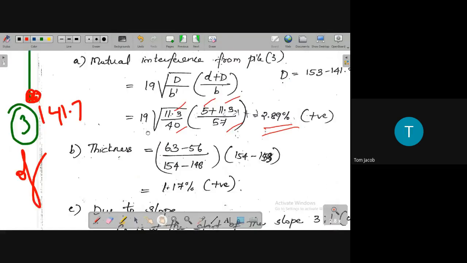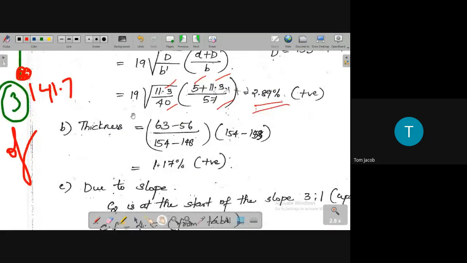The next is correction for thickness. In correction for thickness, take any figure on the direct line. That is correction for thickness. That's equal to, this is 5D and this is 5C. That is 5D minus 5C by small d into T. That is 63 minus 56 divided by 154 minus 148 into thickness, that is 154 minus 153.